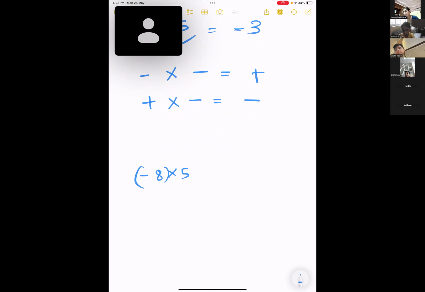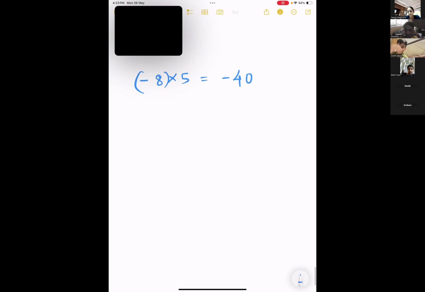What is 8 times 5? 40. But since one of the numbers is a negative number, the sign is going to be minus. It's a negative number. Are you guys clear over here? Minus 40. Don't give me 40.